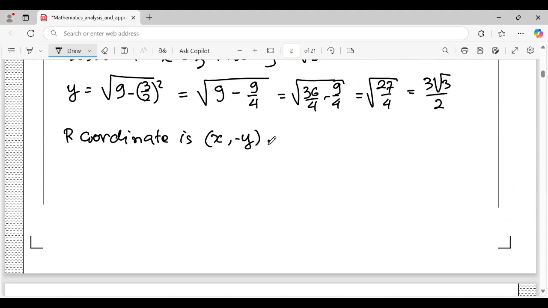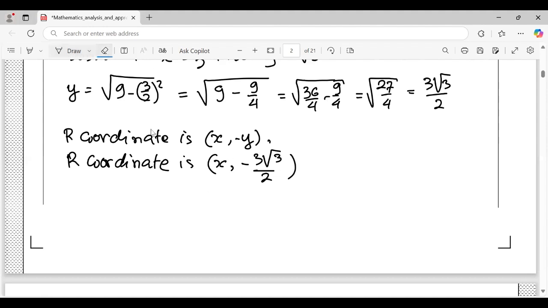So this means the R coordinate is x comma minus 3 square root 3 over 2. This x is 3 half.